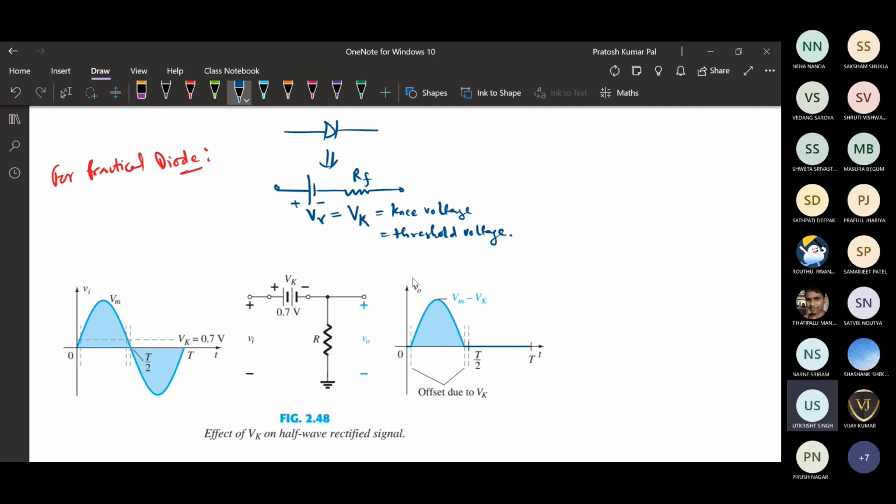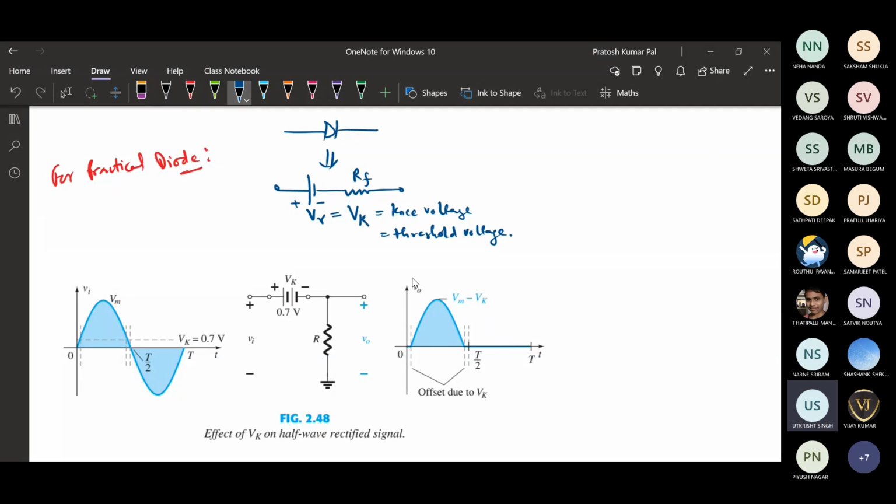In the case of a practical diode, this diode will be replaced by a voltage source having the threshold voltage value, and here the resistance has been neglected. Now this is the input waveform, and here we are considering the practical diode.